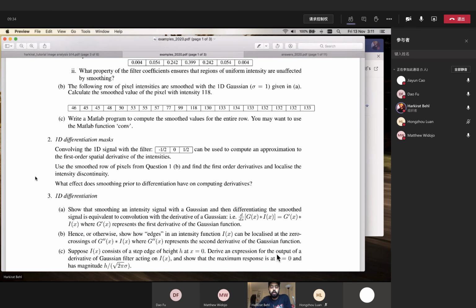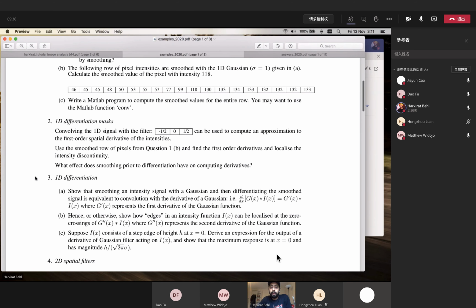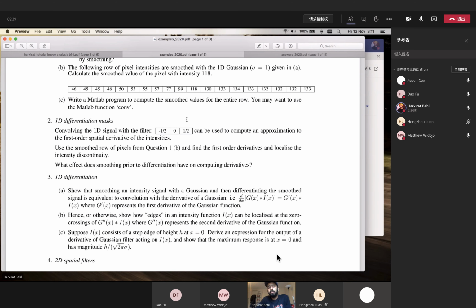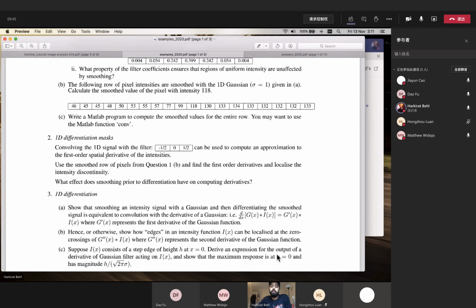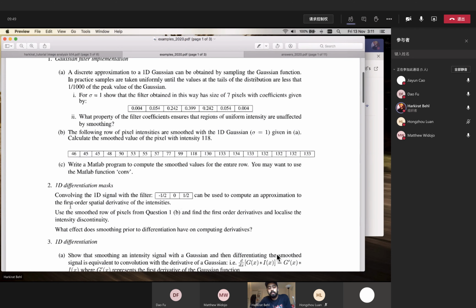So in question 2, we are just saying that this filter will give you an approximation for a derivative, and we used a smooth row. What it is saying is that the smooth row you get out of this question, when you do the MATLAB code and get the output, use that and find the first order derivative using this filter.